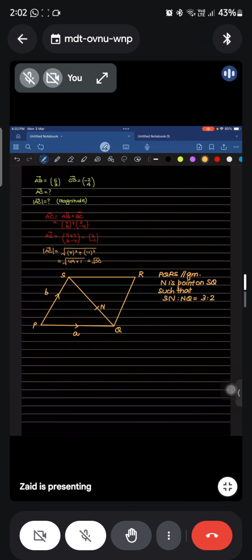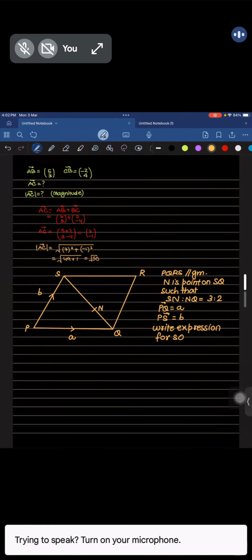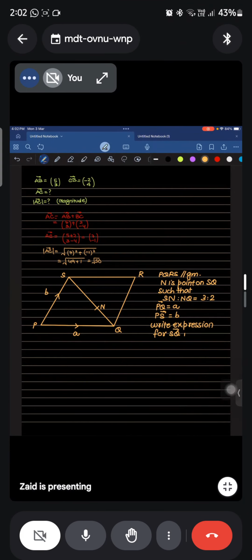PQ is A, PS is B. Write an expression for vector SQ in terms of A and B. This is the first part. Number 2, express NR in terms of A and B.